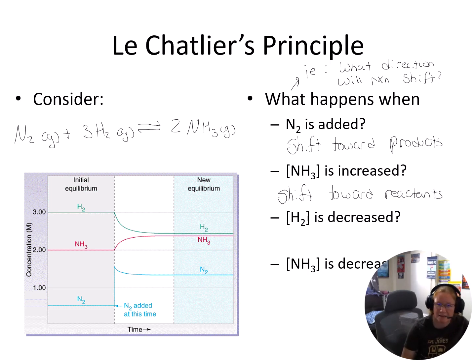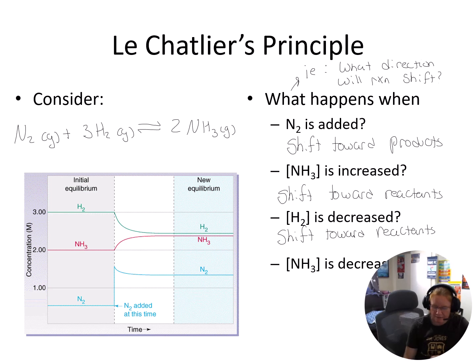Okay, what if I remove some hydrogen gas? I decrease the hydrogen gas. So if I take away some, do I need to reduce the concentration more or do I need to form more? I need to form more. So hydrogen's a reactant, it's going to shift toward reactants.